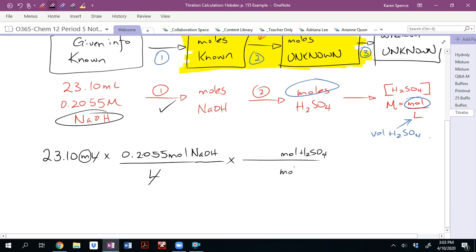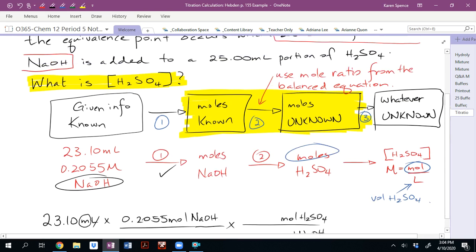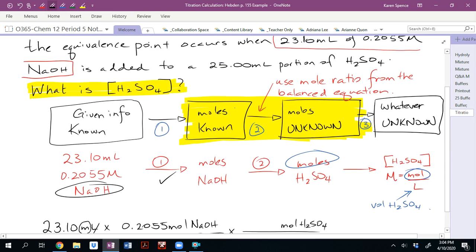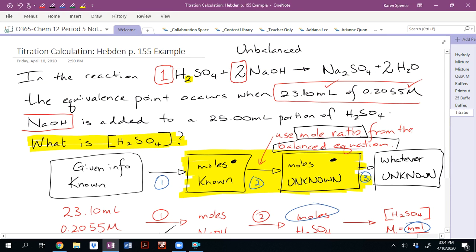And we want to cancel moles of NaOH. Remember, when you're converting from moles of one substance to moles of a second substance, you're going to be using the mole ratio from the balanced equation. So go back to your balanced equation and ask, what is the ratio between NaOH and H2SO4?